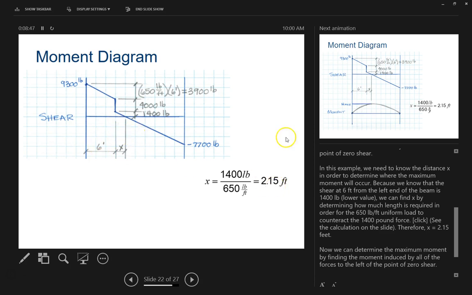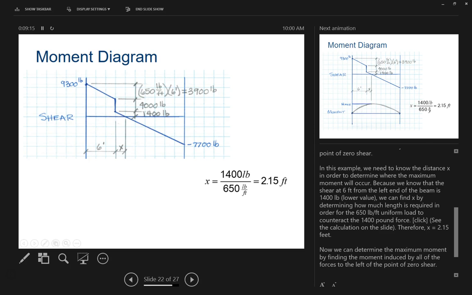Okay, so in the X section there, that's 6 feet to here, that remaining 1,400 pounds over 650 pounds per foot leaves us with 2.15 feet left over. So it's 8.15 feet over to the shear point, to the maximum force on that beam.